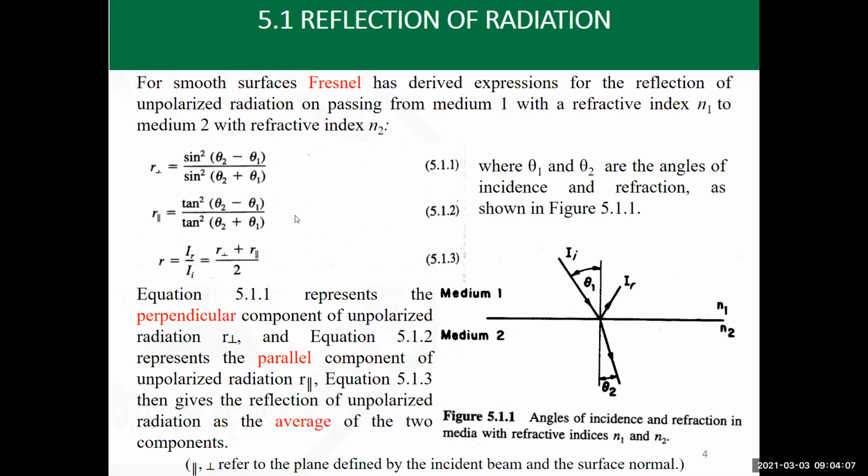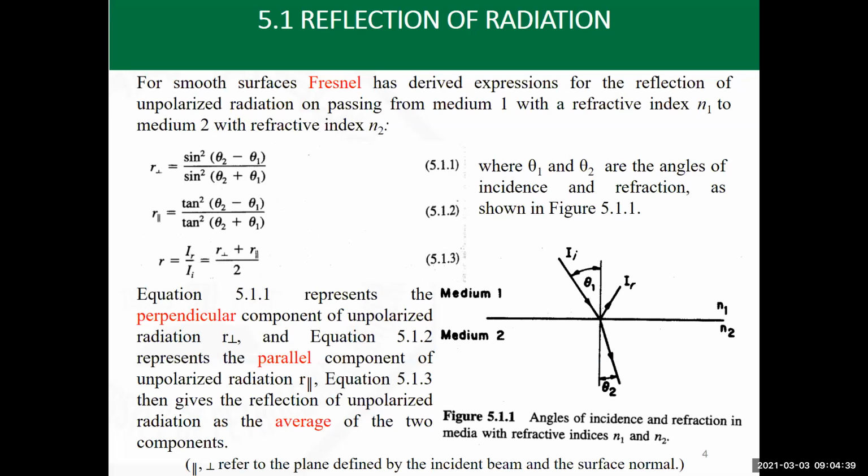The total reflection here is actually an average of both of these, which is, by definition, the reflected energy divided by the original incident energy, and it's given as R normal plus R parallel divided by 2. So the equations here represent both the perpendicular and parallel components of unpolarized radiation.